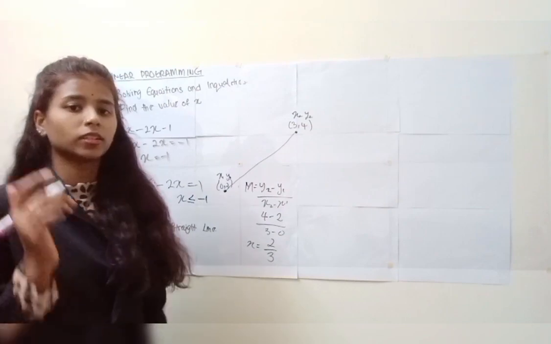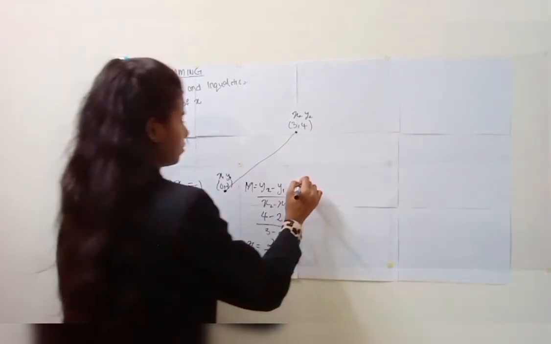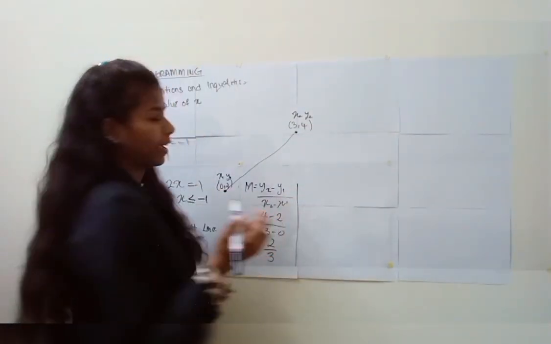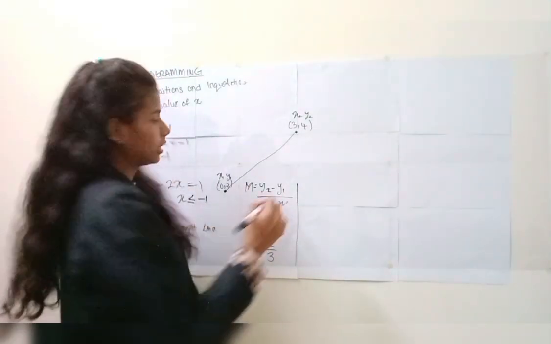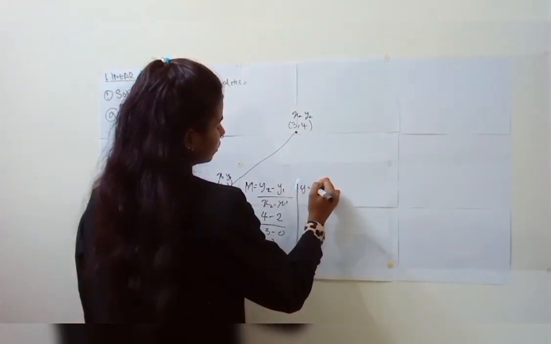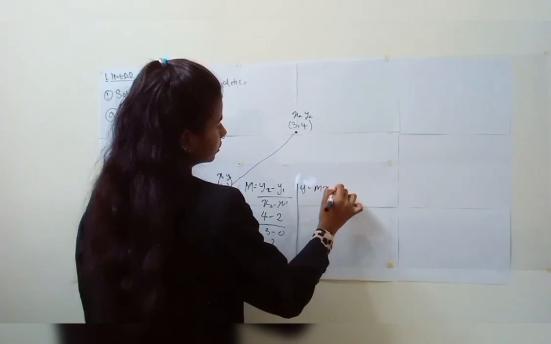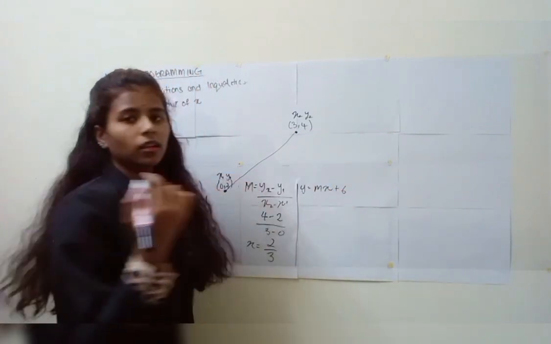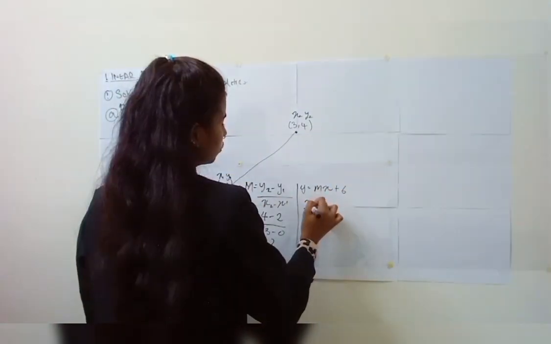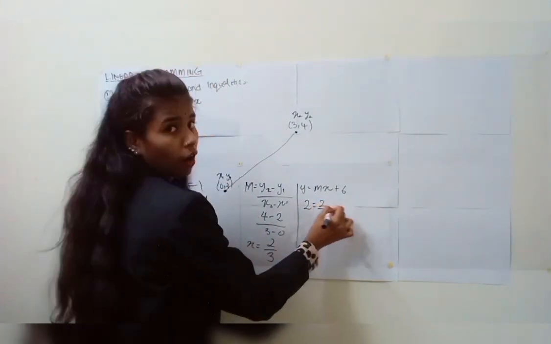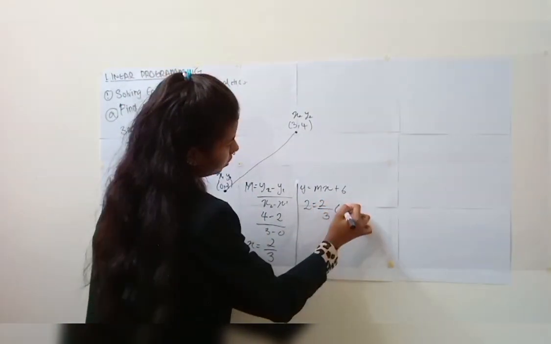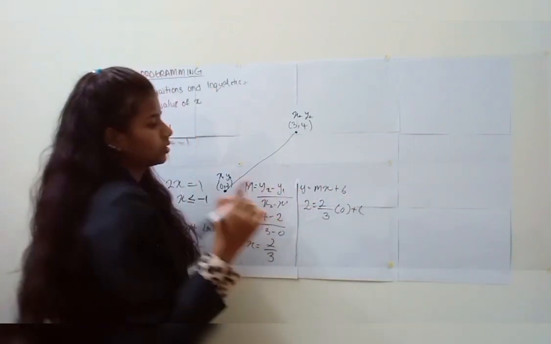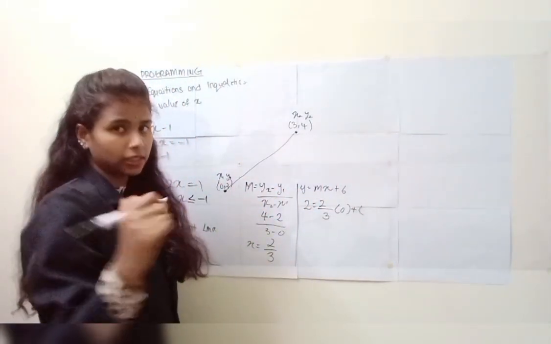And then the other way we can get the solutions, which is y equals mx plus c. So 2 equals to 2 out of 3 and then 0 in bracket and then plus c.